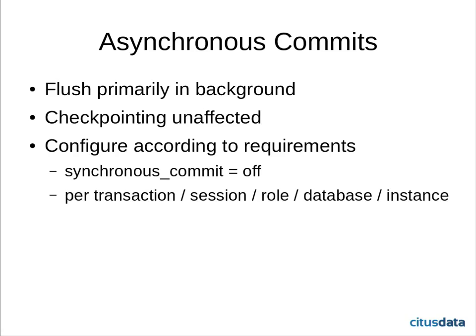That means that if you send a commit as a client, you will get it back pretty much immediately, and the database will then do the write in the background. That background write will happen at the most after, by default, 3 seconds. So your data loss window is usually smaller than 3 seconds unless you change some other parameters.